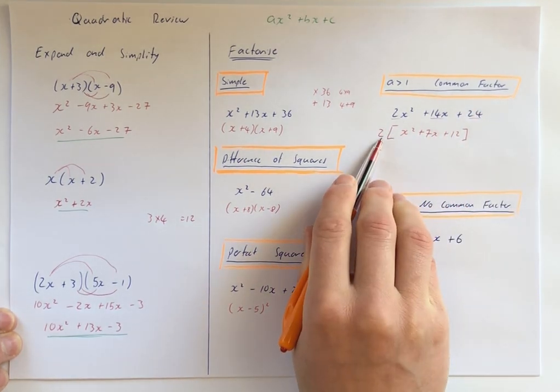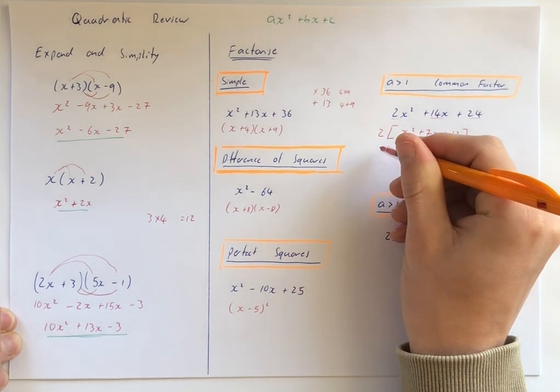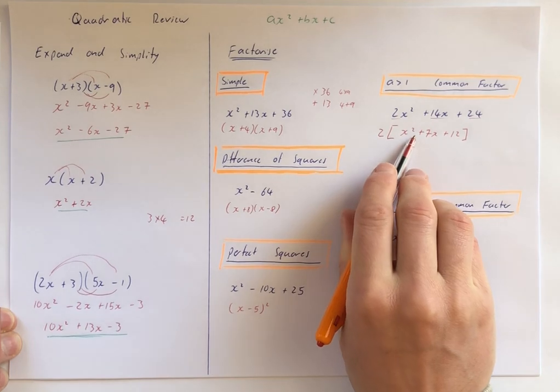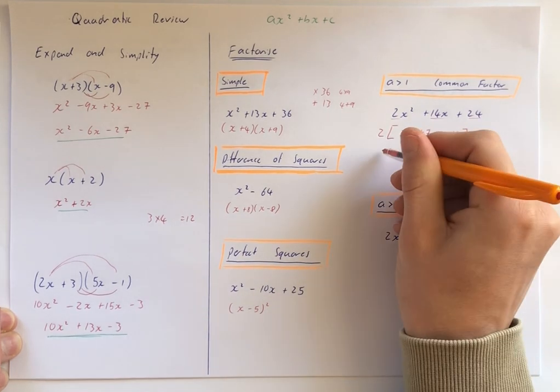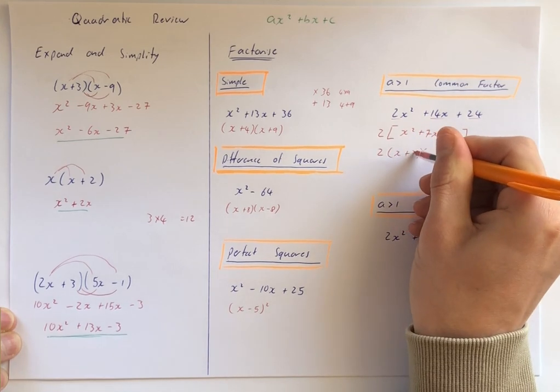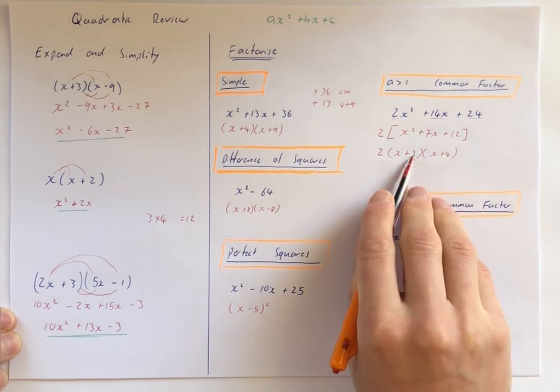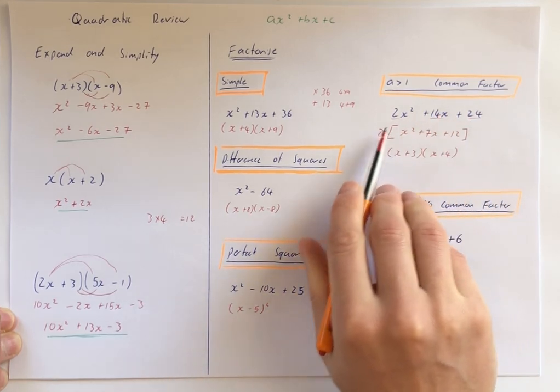Once that factor had come out the front, we then factorized what was left on the inside. So we've got 2 times x squared plus 7x plus 12, which in factored form was x plus 3, x plus 4. Again, they multiply to 12, they add to 7, and we've already taken the 2 out the front.